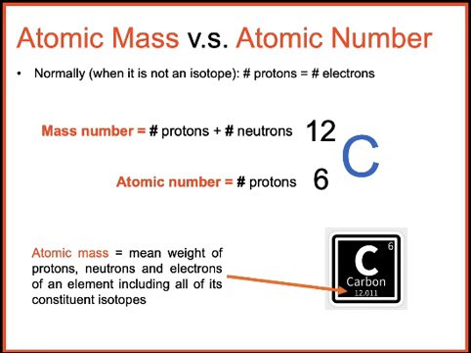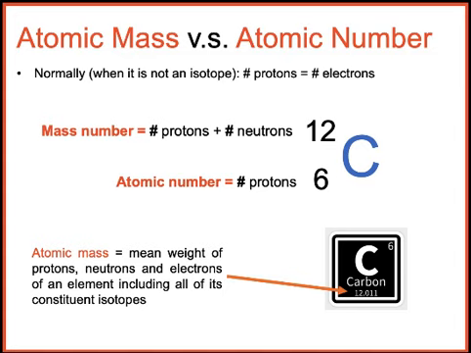Look here. The mass is not exactly 12, as it would be 6 plus 6, right? Because this number takes into account the mass and relative abundance of isotopes that have more neutrons than normal, right?